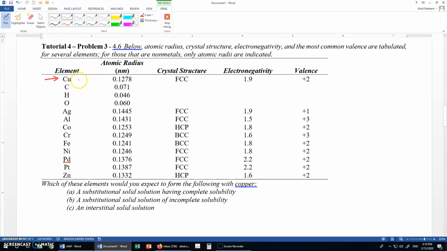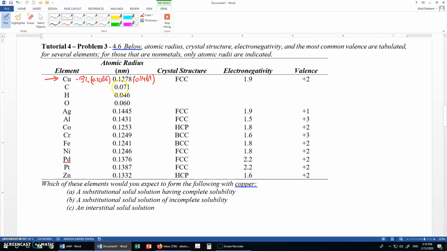Minus 15% means the radius will be 0.1278 times 0.85, which is equal to 0.1086, and the upper limit will be 0.1278 times 1.15, which is 0.1469.